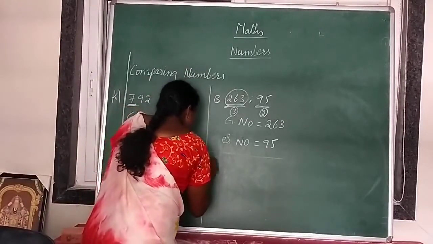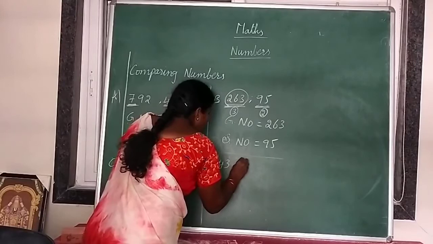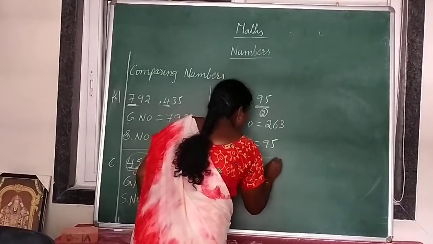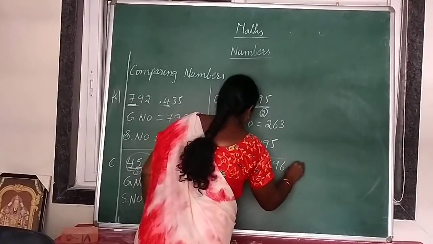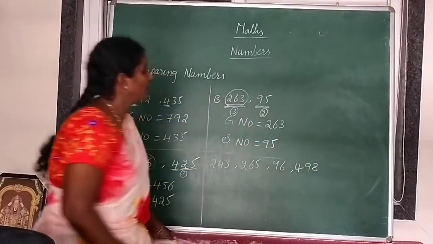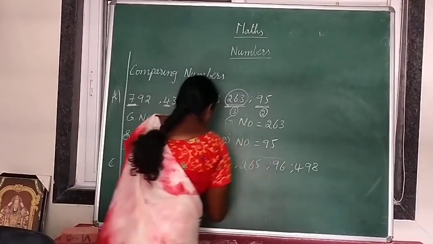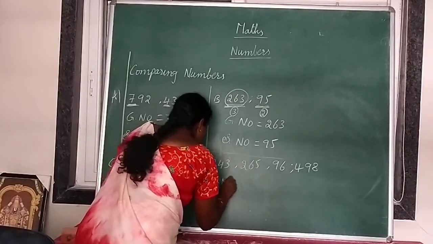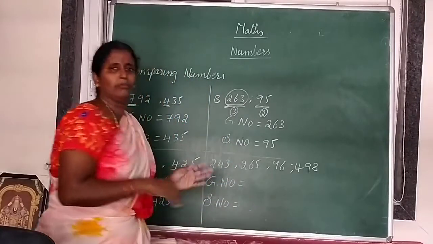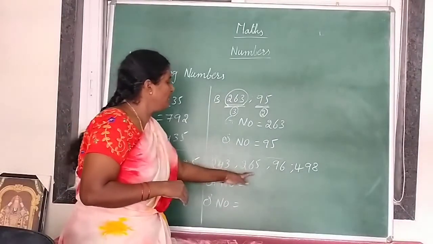If 2 numbers are there, you are finding greatest and smallest numbers. Sometimes more than 2 numbers will be there. 243, 265, 96 and 498. Now 1, 2, 3, 4 numbers are there. From these 4 numbers, we have to find the greatest number and smallest number. So either two numbers or 3 numbers or more than 3 numbers, we have to follow the same method. First we have to count the number of digits.